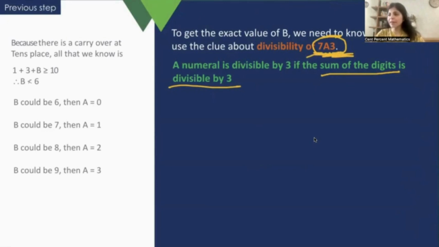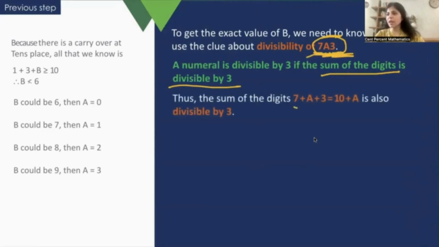So let us work on that. 7 plus A plus 3 gives us 10 plus A. So we need to identify what this A could be equal to. 10 plus A obviously cannot be 21 or 24.